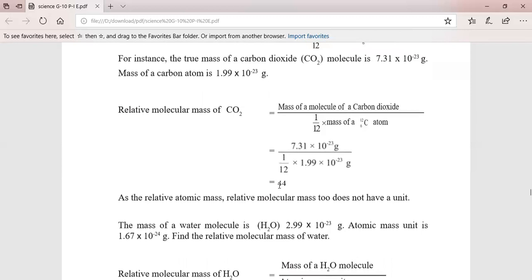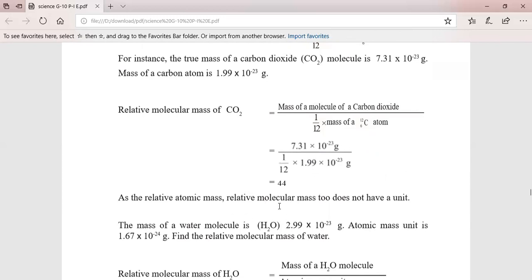We can also calculate another way: the relative atomic mass of carbon is 12, and oxygen is 16, so 2 oxygen is 32, and 32 added to 12 is also 44, right?